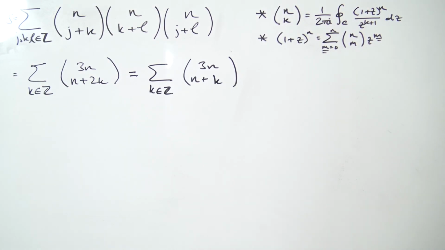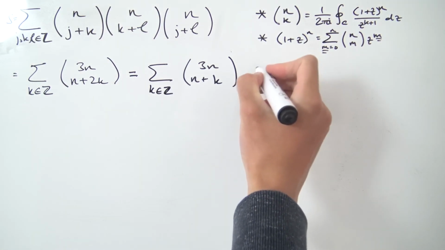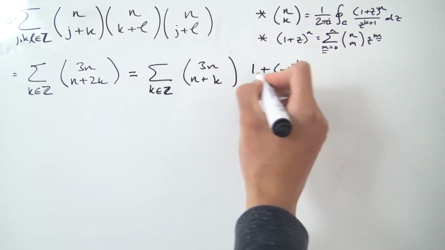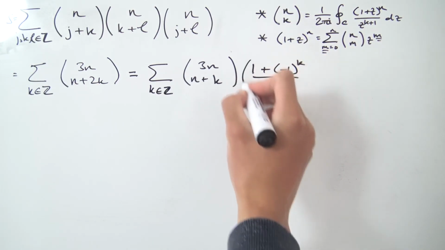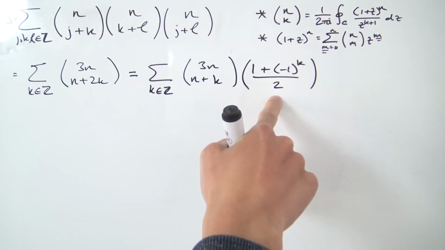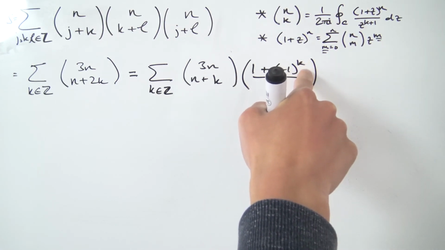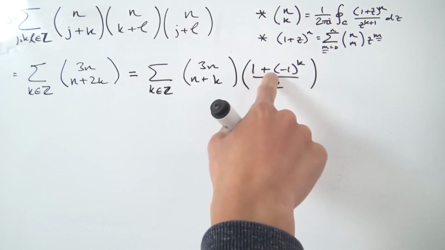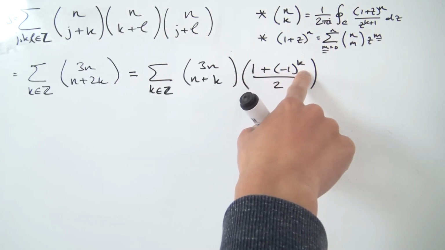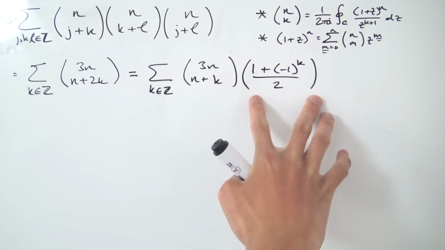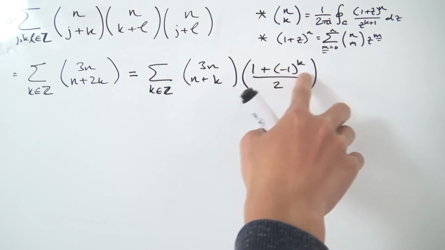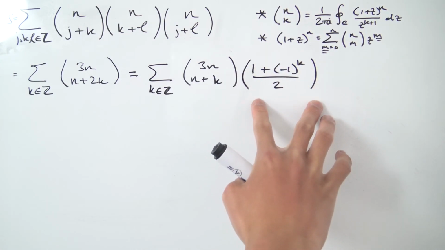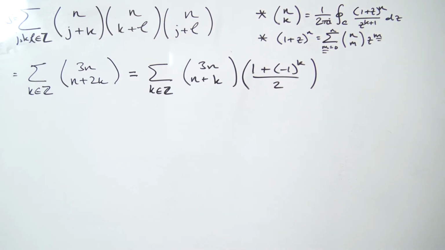We could use the factor (1 plus (minus 1) to the k) divided by 2. This is a special factor which turns on and off depending on if k is even or not. If k is even, then we get 1 plus 1 over 2, which is 1. But if k is odd, then minus 1 to an odd power is still negative 1, so we get 0 overall. So this is kind of like an indicator.